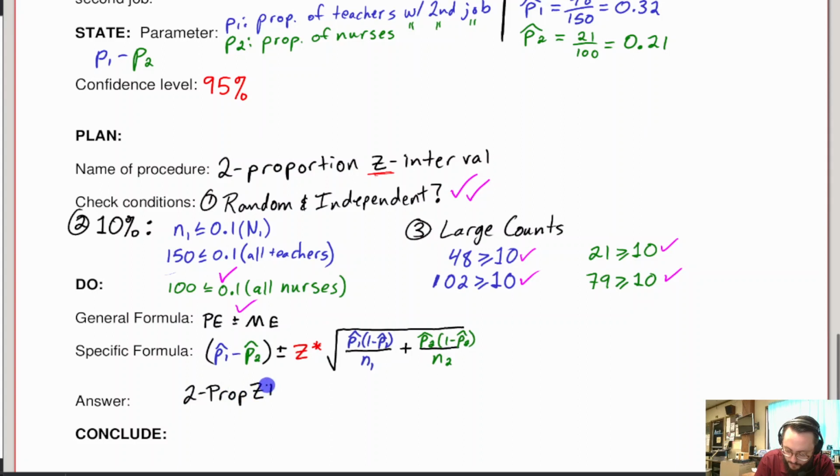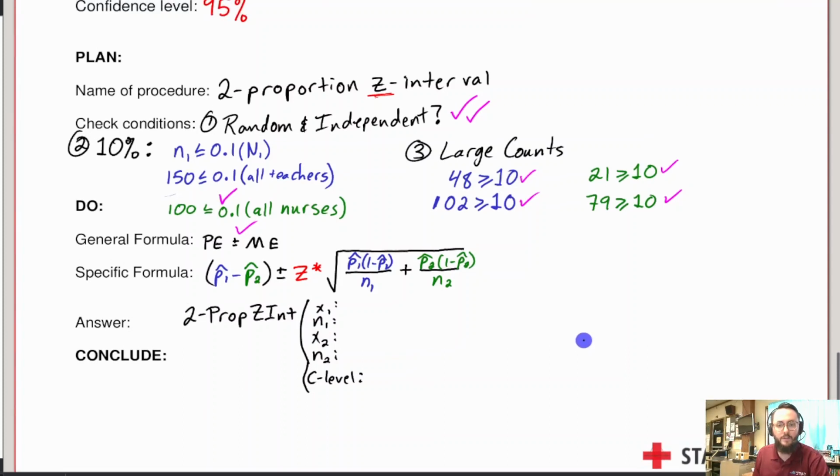We'll show you on the overhead. 2-prop z int: x1, n1, x2, n2, and the confidence level. I almost ran out of space.